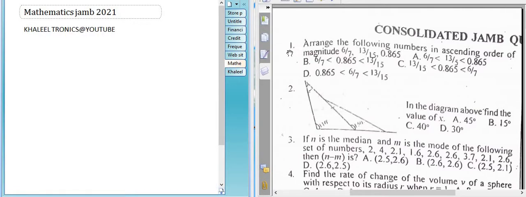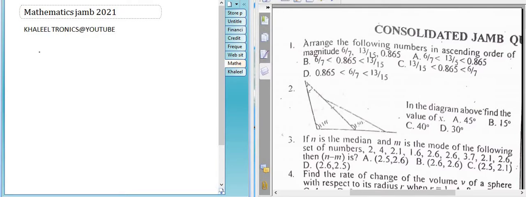Okay, so question number 1 says arrange the following numbers in ascending order of magnitude: 6 by 7, 13 by 15, 0.865. So the problem is given. We have to find the magnitude of these numbers in ascending order.